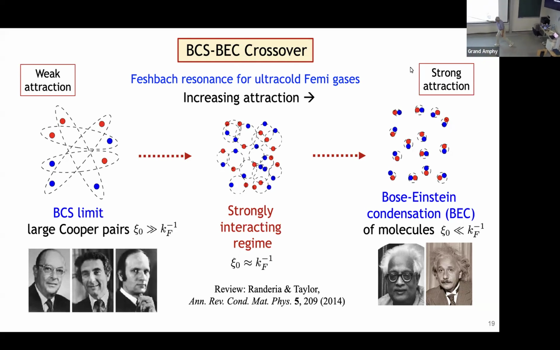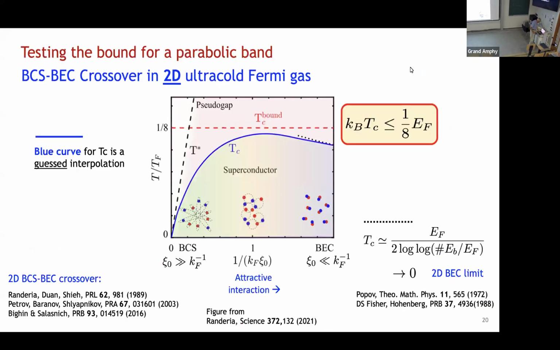Both these limits are very well understood. But in between is a terrible, strongly interacting regime where the pair size is of order k_F inverse. A lot about that is also understood, both experimentally and theoretically, and there's this review of ours you can look at.